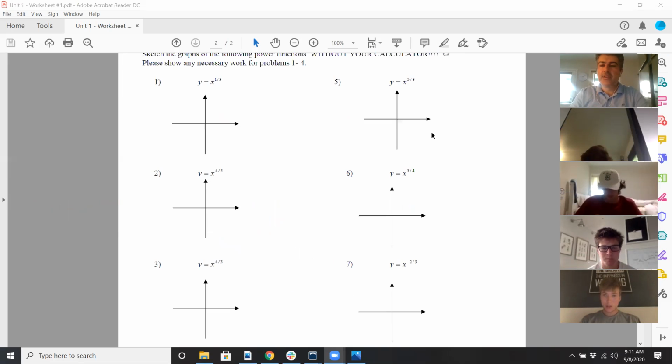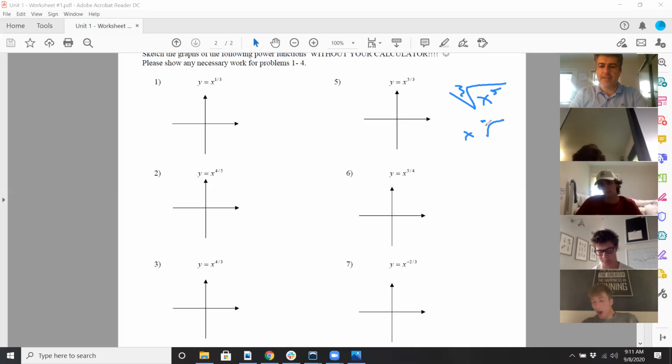For 5, you're odd rooting and raising to an odd power. So you're doing the cube root of x to the 5th. If you want to simplify and pull out an x, I guess that's fine, but just for the sake of doing the graph, I think we're okay with leaving it like this. n is bigger than 1.